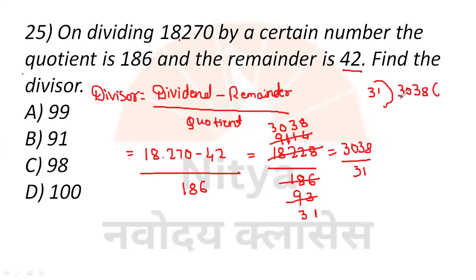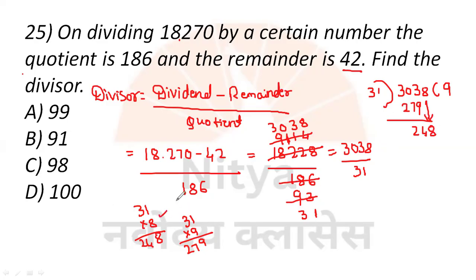So 31, check 31, 8 ones are 8. So 248 is smaller than 303, and check 9. 9 ones are 9, 27. Okay, so we can take 31 9s are 279. 303 minus 279 is 24 and remainder is 8 and 31.